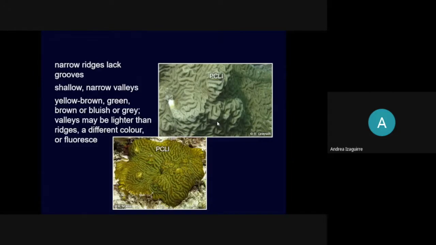Now we have our second fake brain coral, and this is going to be our Pseudodiploria clivosa or Peakley. It's not going to have as big walls as the other corals that we saw before. So it's going to have shorter walls, and also the entire colony itself is going to have a lot of lumps.